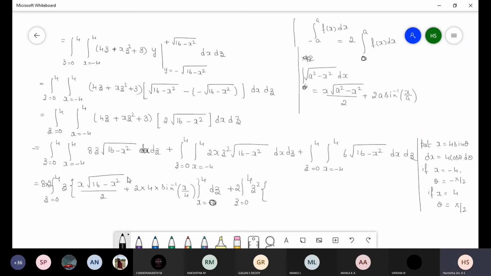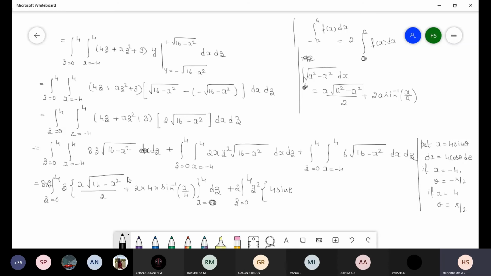So here let us come back to the second one. So here do the substitution. In the place of x, I write 4 sine theta, because z square is a constant as we are doing integration with respect to x.